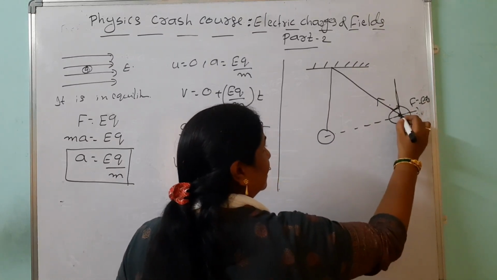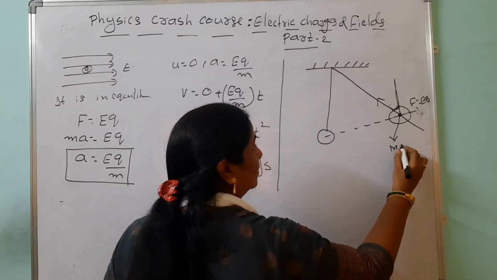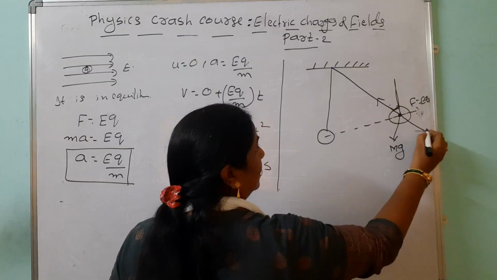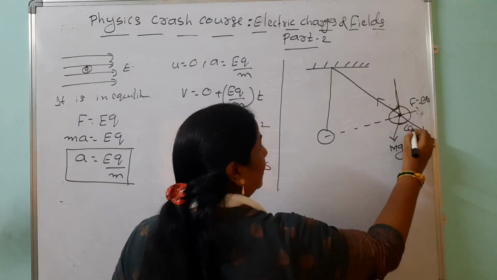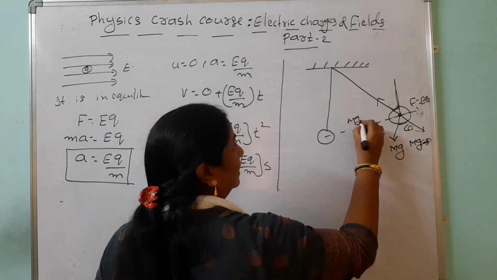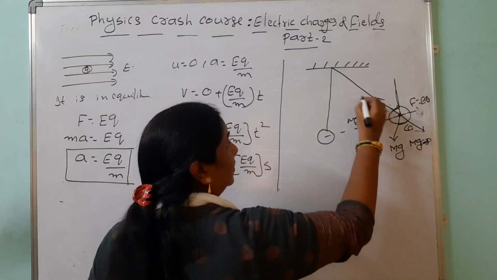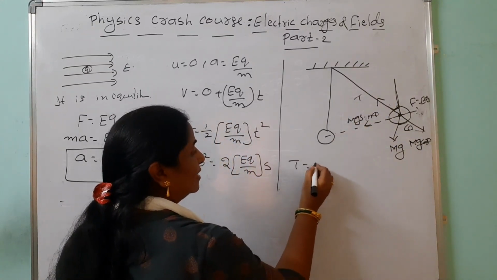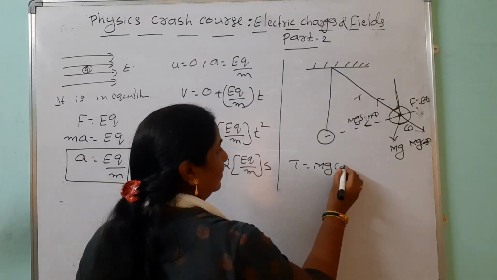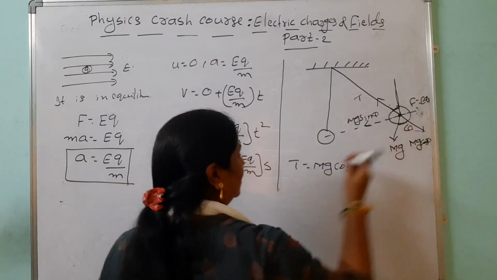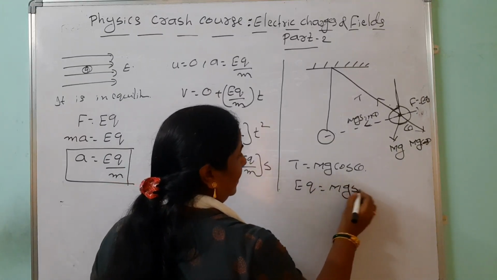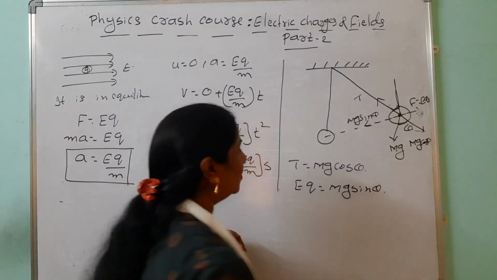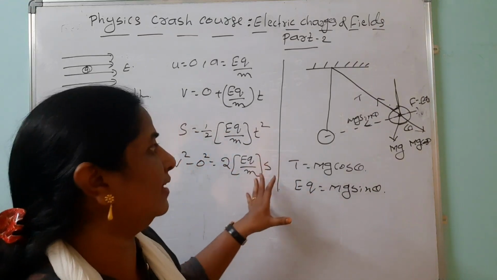And in this case, the weight is resolved into two components: mg cos theta and mg sin theta. If the charge is in equilibrium, tension is balanced by mg cos theta, and the force EQ equals mg sin theta. So with the help of this, we can find the tension and everything here.